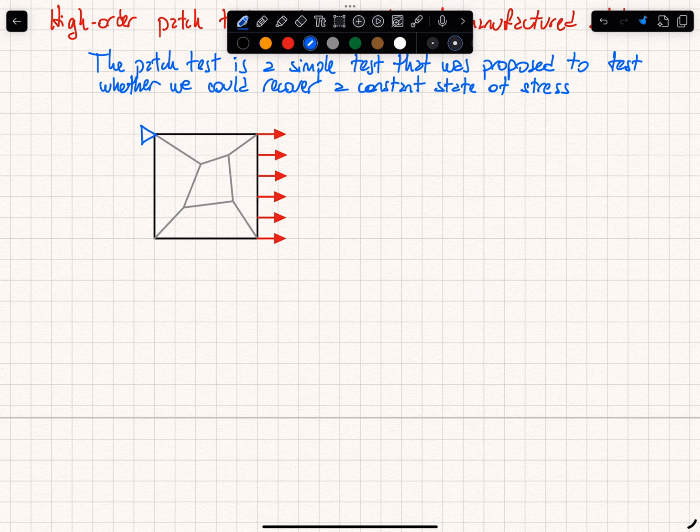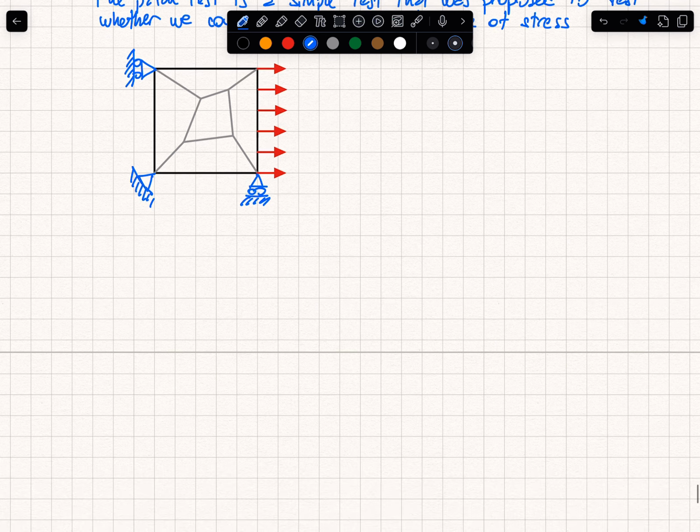And then here we have rollers. Here we have rollers. And you would expect that to deform in such a way that, if your element formulation is correct, the state of stress for that problem would be constant. So that was the patch test.